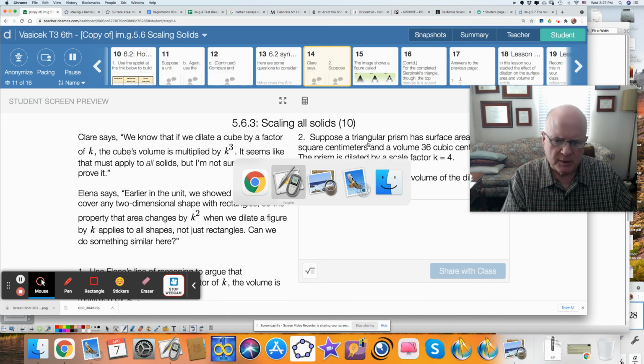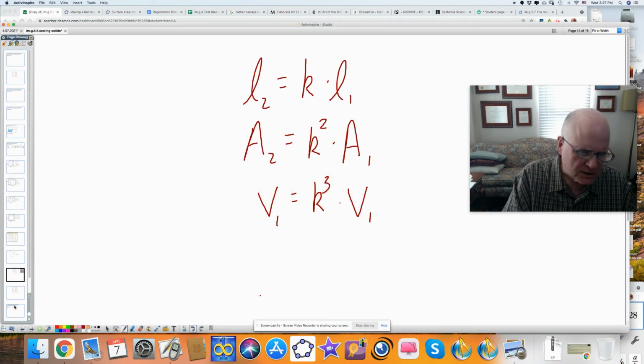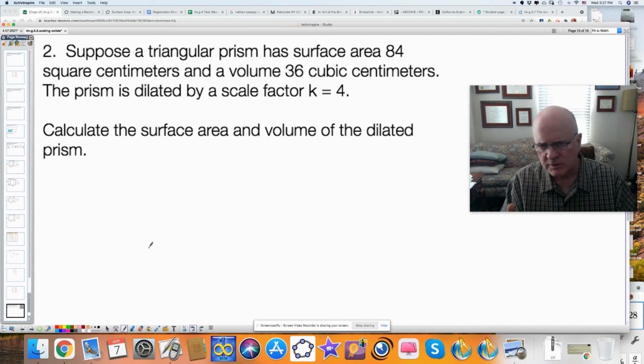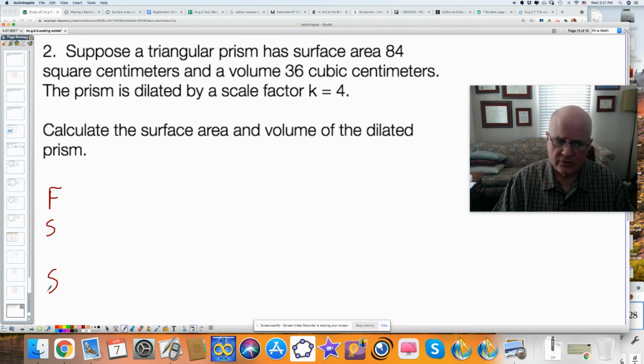Suppose you have this triangular prism, and I'm going to go to my whiteboard so you can see it. It has an area of 84 square centimeters, a volume of 36, and a scale factor of 4. We want to know what the area would be after you dilate it by a scale factor of 4. Where do you begin? You begin by writing the formula, substituting the values, and then solving.